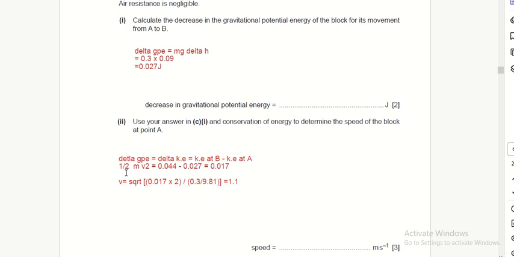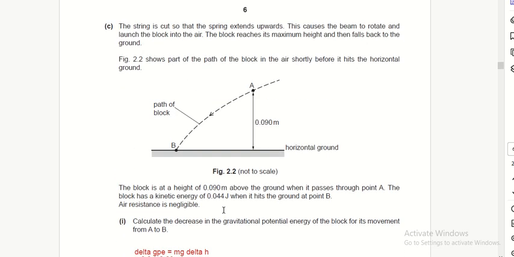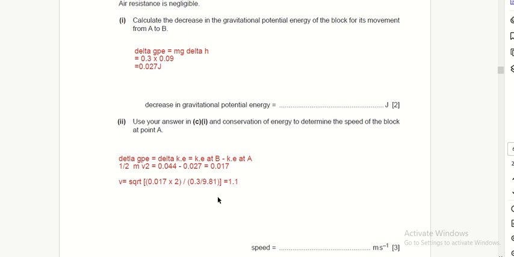Kinetic energy at A is half mv squared, equal to, as I said, kinetic energy at B, 0.044, given also in the question here, minus delta GPE or delta KE that we have just calculated.